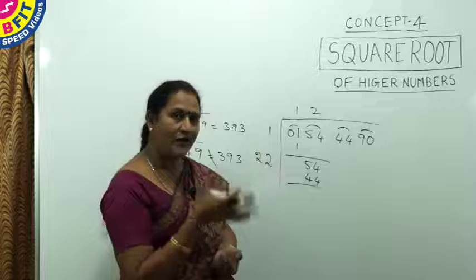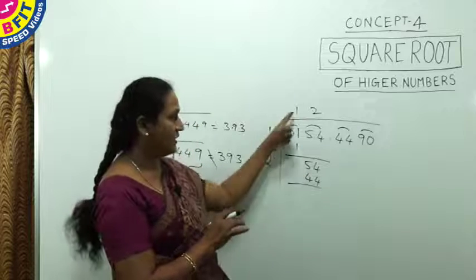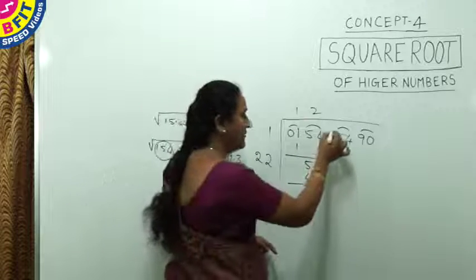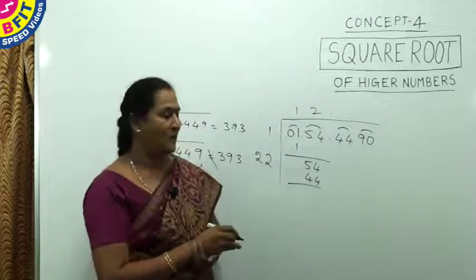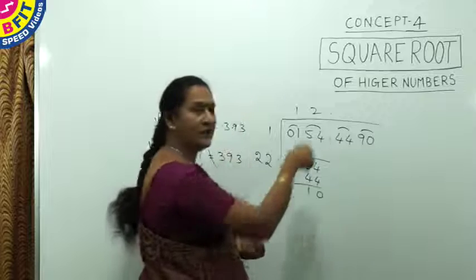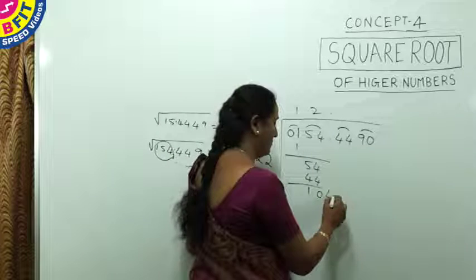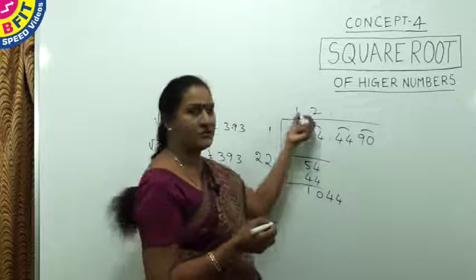If you are not aware of these squares, then you can split and work it out. So here it is 12. As we have a decimal, place the decimal directly so that it falls on the same line. Now subtract and bring the second pair down. With the options itself you can get the answer as 12.